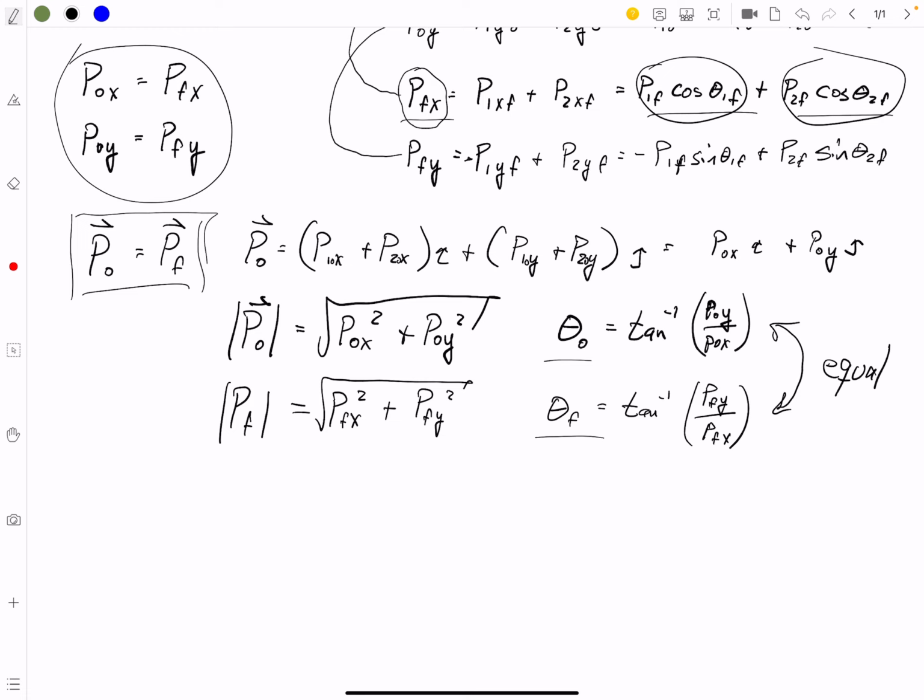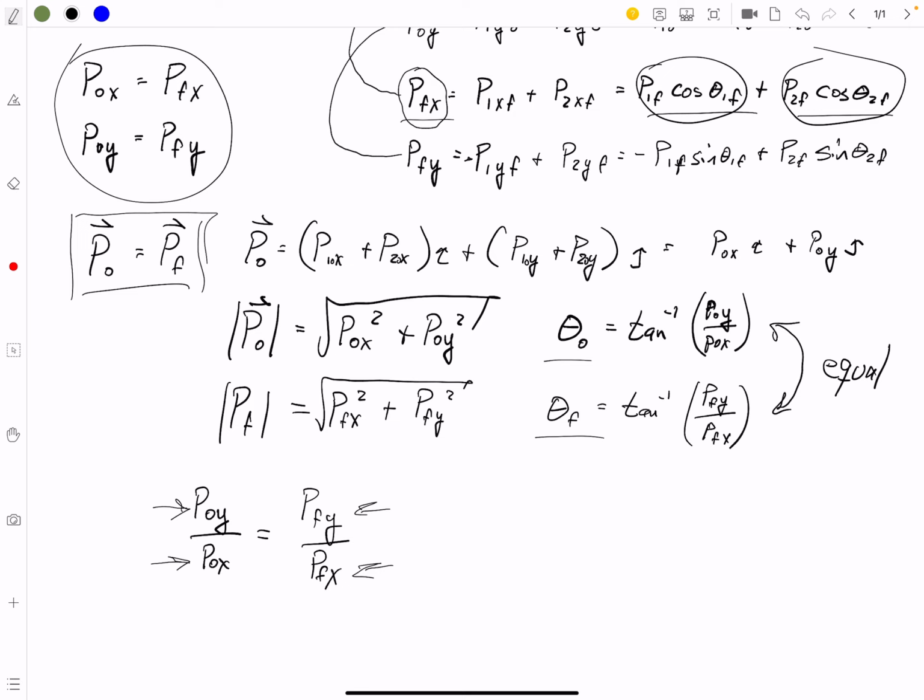For those to be conserved, that means that P naught y divided by P naught x equals P final y over P final x. Now, they could be different numbers. This could be a different number than this as long as the ratio stays the same. So that doesn't tell us 100% that those are all equal. The ratio could still be the same.